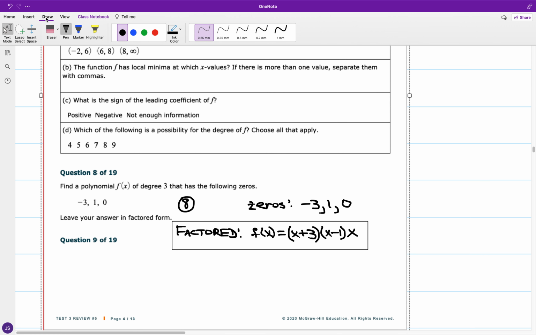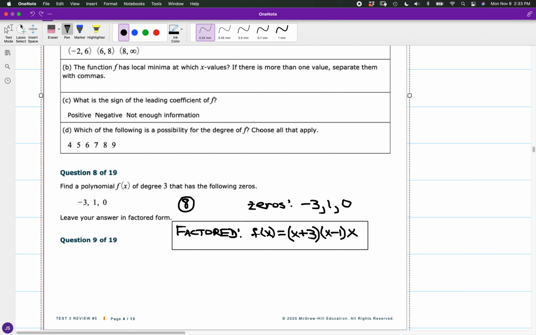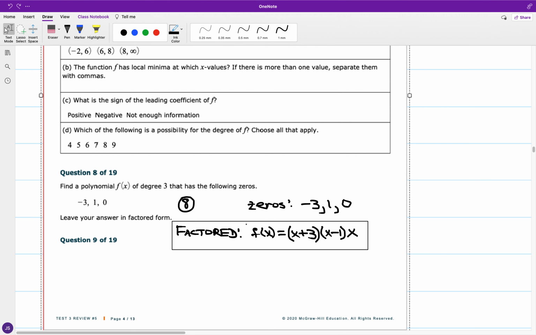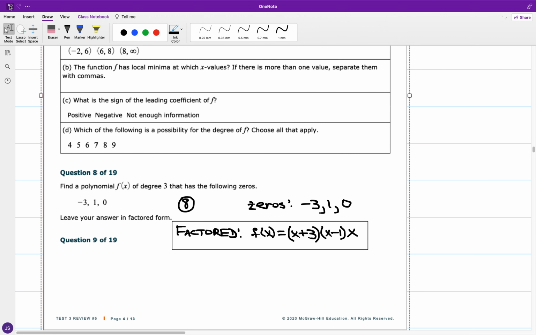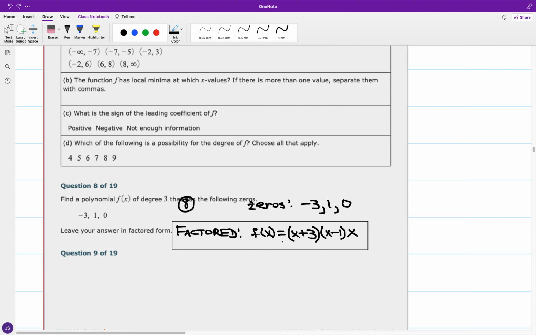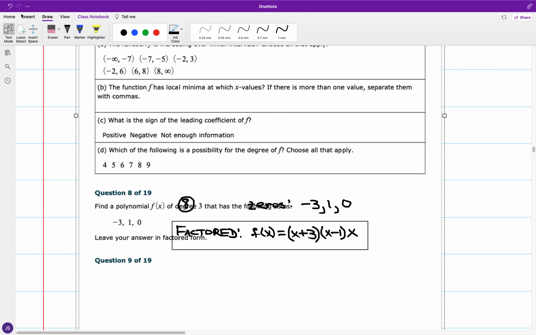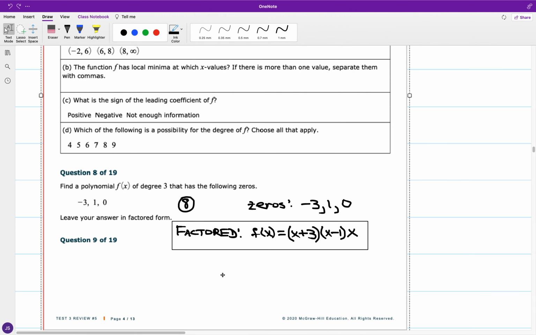And let's say that if the problem had asked for the expanded form. Let me do this.